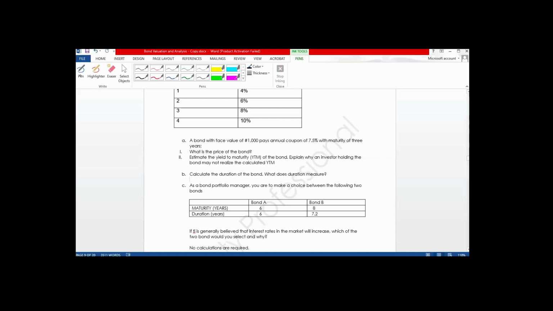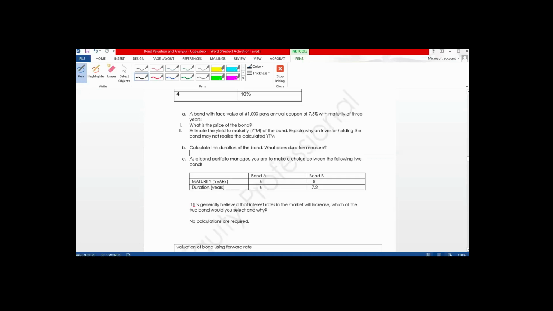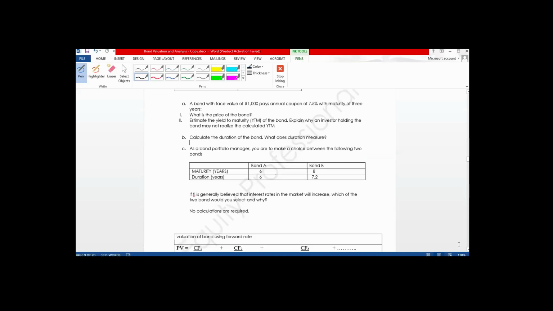Bond B, why? If the interest rate increases, the price of the bond will fall. So why are you now taking bond B? You are very correct. If the interest rate increases, the value of the bond, the price of the bond, will fall.